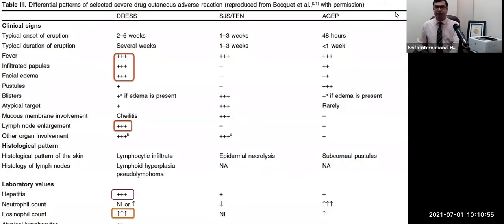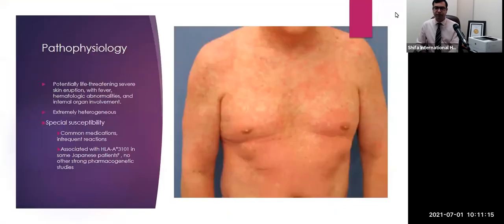So temperature, infiltrated skin or papules. Facial edema is very common. In AGEP, it is there as well, but that's with a short history. So everything goes in line. Then lymph node involvement, hepatitis, you can see at the bottom of the chart, and then high eosinophil counts. Now, the pathophysiology is a potentially life-threatening severe skin eruption with fever and hematological abnormalities and internal organ involvement.